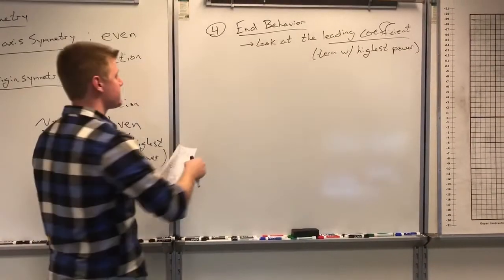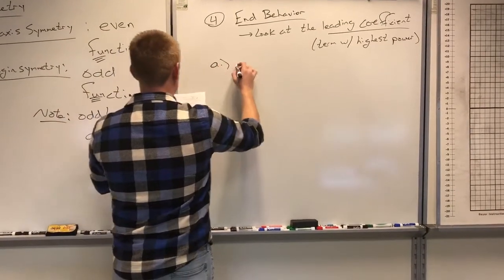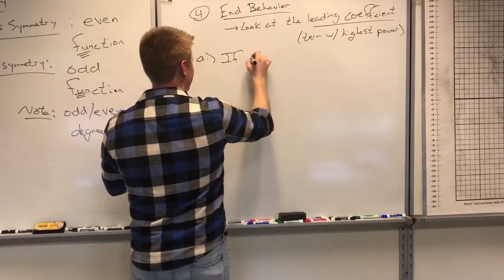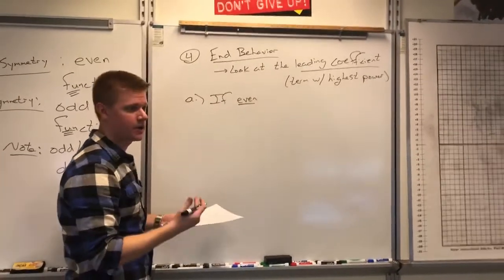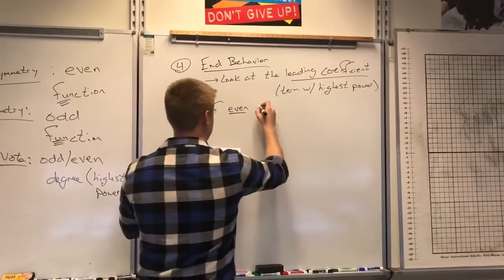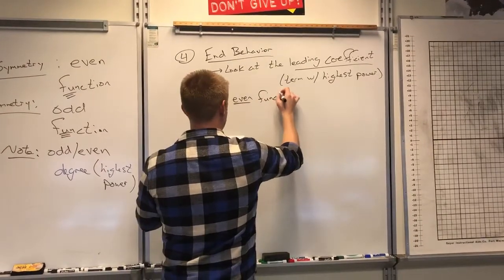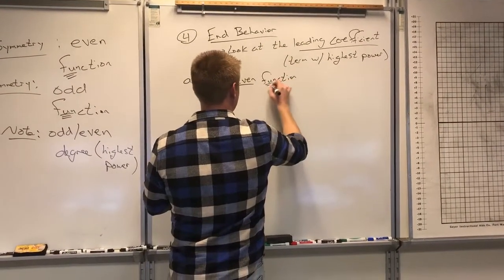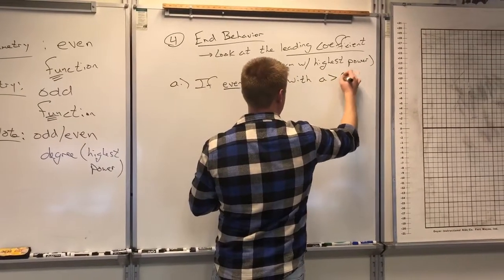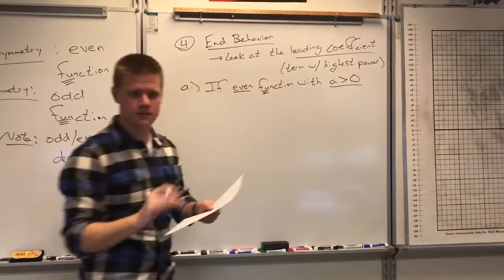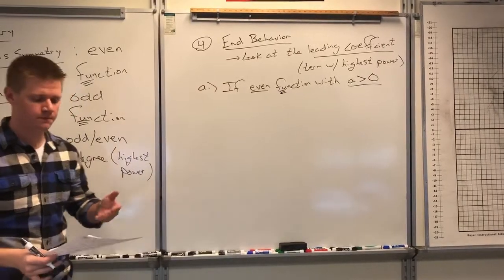First one, if we have an even function, so even degree, could be a quadratic, could be 4, 6, whatever, an even function with a greater than 0, and that's another key piece, meaning that first term is positive.